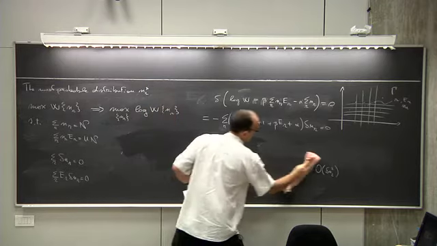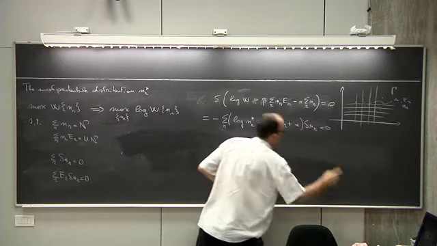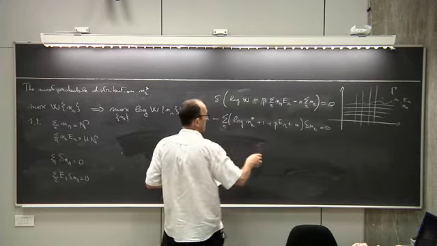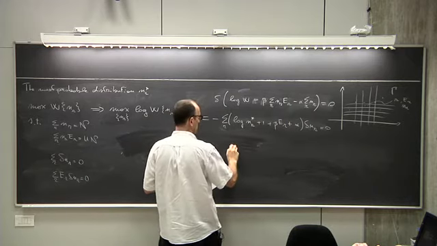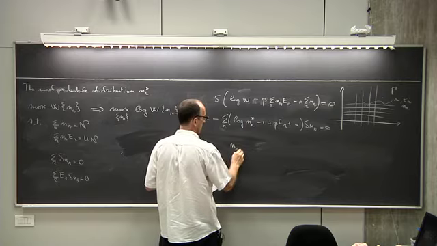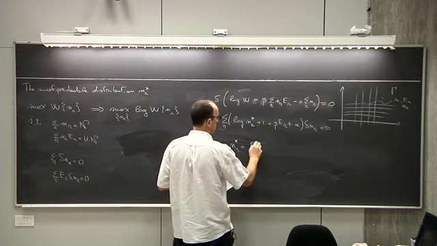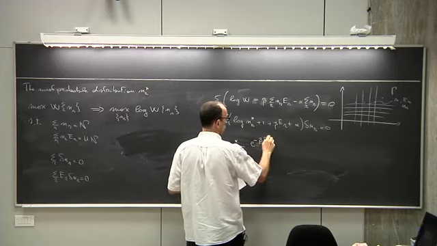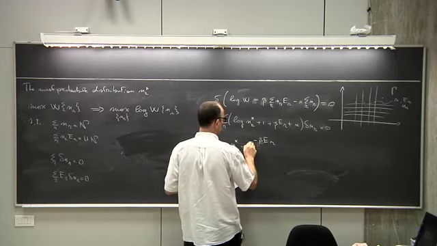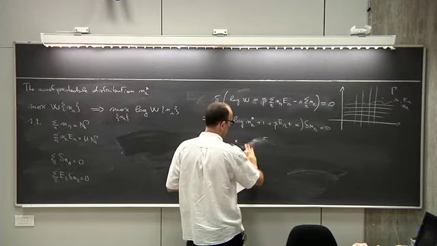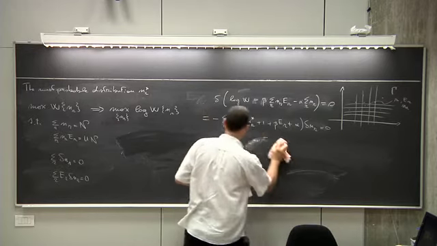In order to find it, you just have to solve this equation, and what you get is that n r star is equal to e to the minus beta E r times a constant. Let me write it properly.